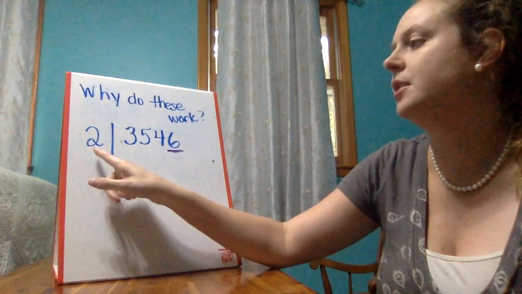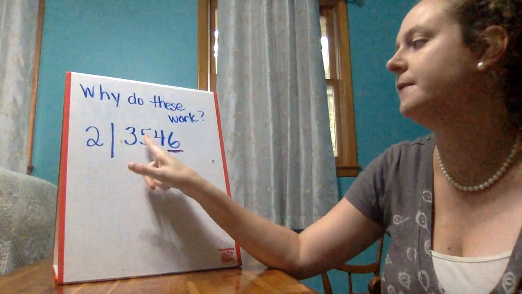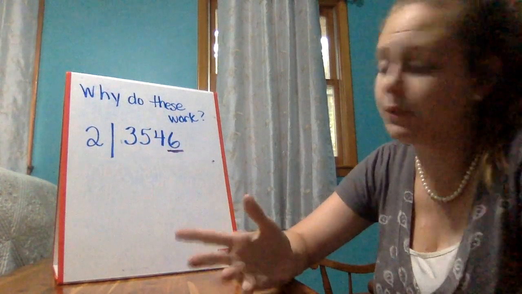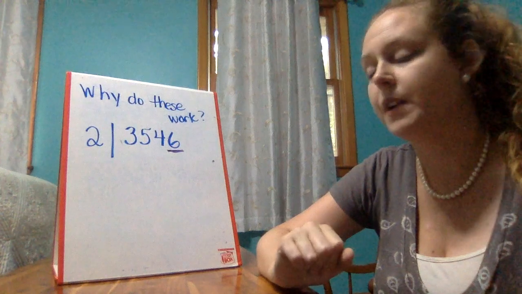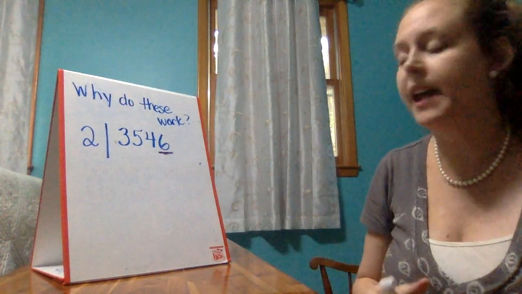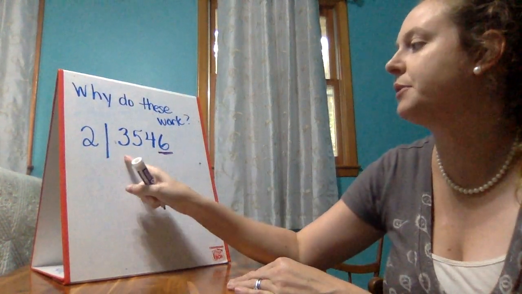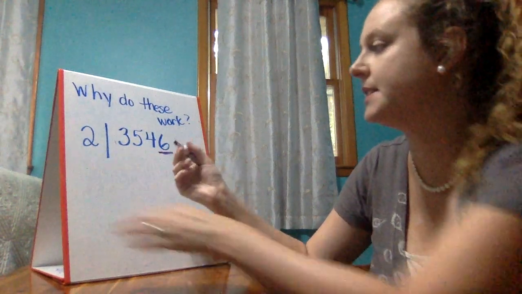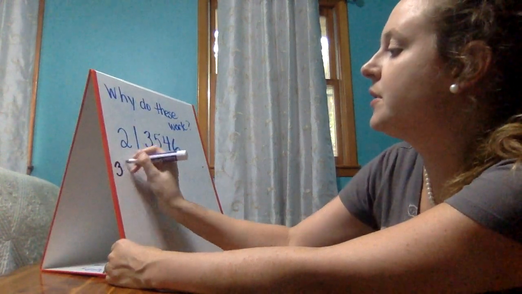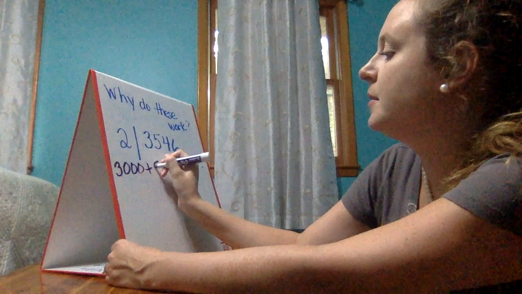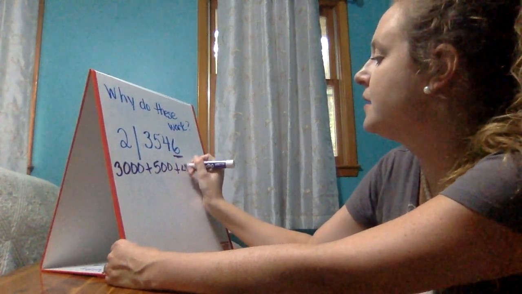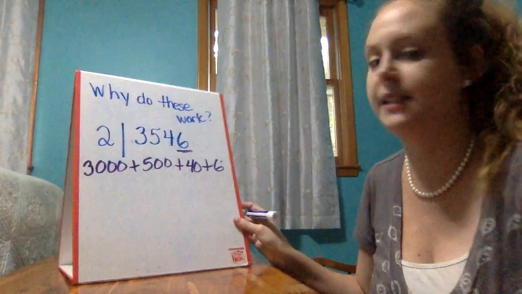So I'm going to consider 2 divides 3,546. I know it does work because it ends in an even number. To see why it works though, I'm going to write 3,546 in expanded form. So that's 3,000 plus 500 plus 40 plus 6.